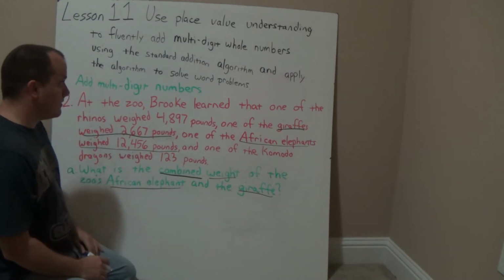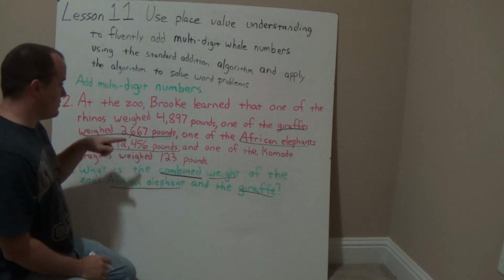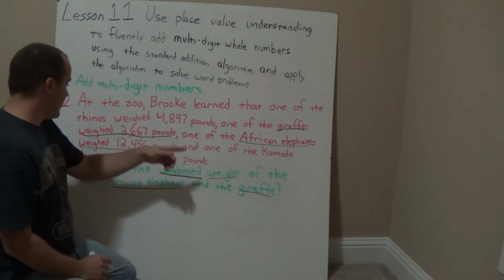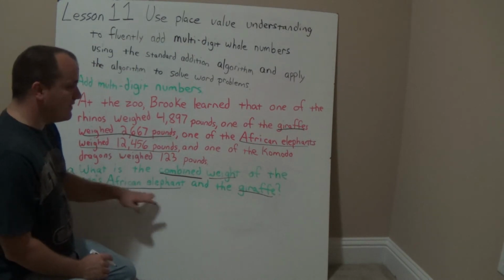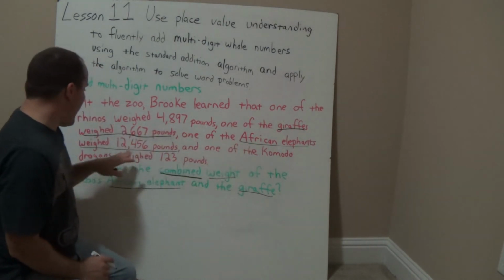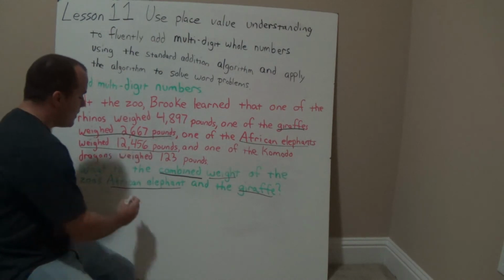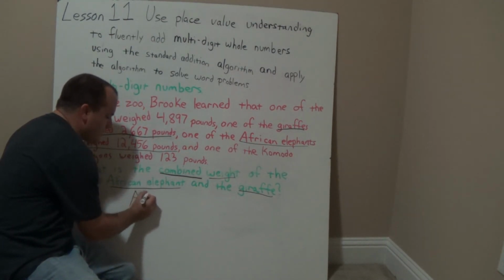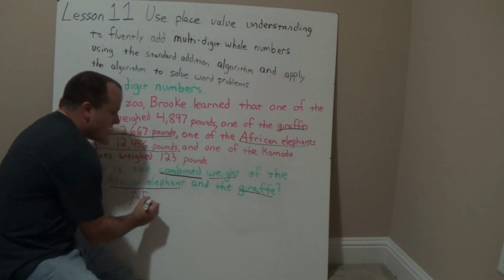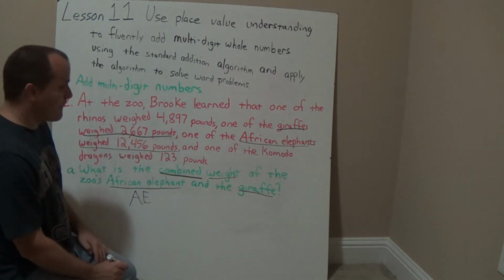So here's what I'm going to do. I know that I have a rhino, a giraffe, an African elephant, and a Komodo dragon. This question only wants to know about the African elephant and the giraffe. So we know that the African elephant weighs this much. So what am I going to do? I'm going to write that down. I'll put AE. AE for me this time is going to stand for African elephant.